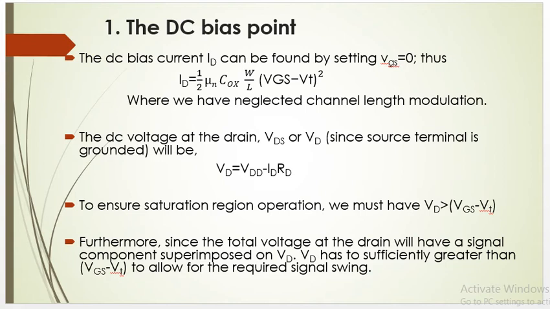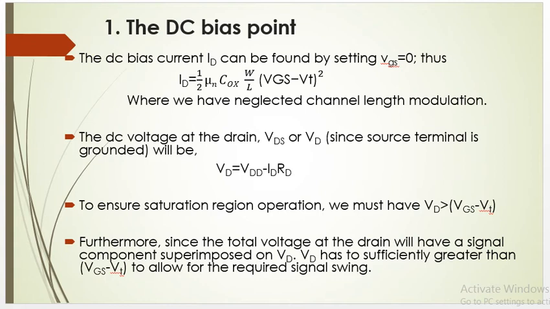The DC voltage at the drain, we can refer to it as VDS or VD since the source terminal is connected to ground. And VD is given by VD equal to VDD minus ID RD.